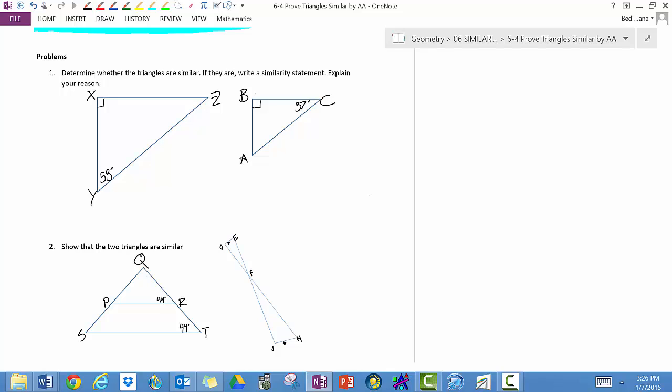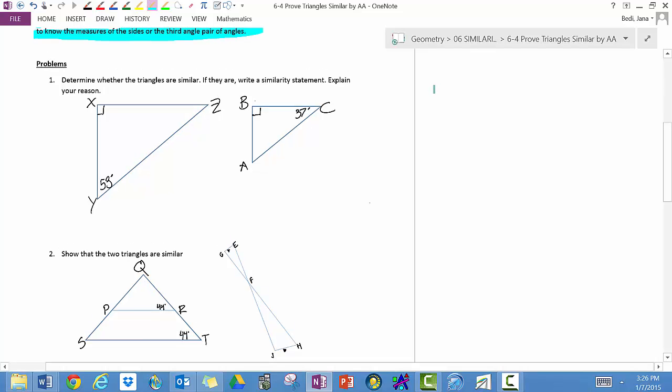However, if you solve for angle Z in triangle XYZ, you will see that you get 90 plus 35. The measure of angle Z equals 180. So that's 125 plus the measure of angle Z equals 180 degrees.